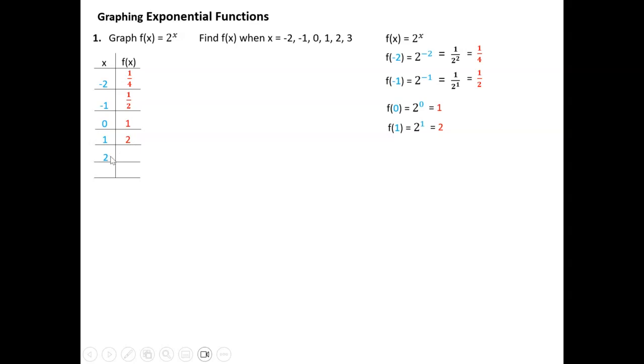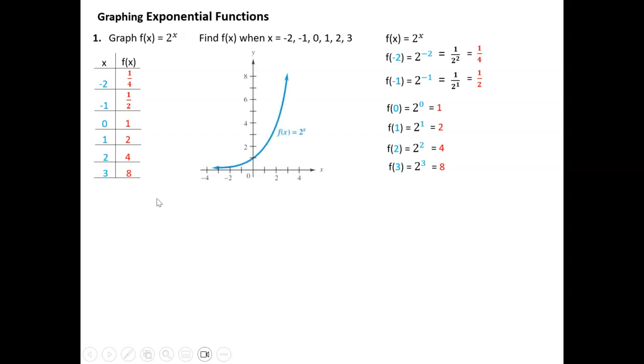Now we're going to choose the value of 2 for x. So when x is 2, we evaluate it at x equals 2. It's going to give us 2 squared. The answer is 4. And finally, when x equals 3, we evaluate the function at f of 3, which gives us 8, because 2 to the third power is 8. So when x is 3, my y is 8.